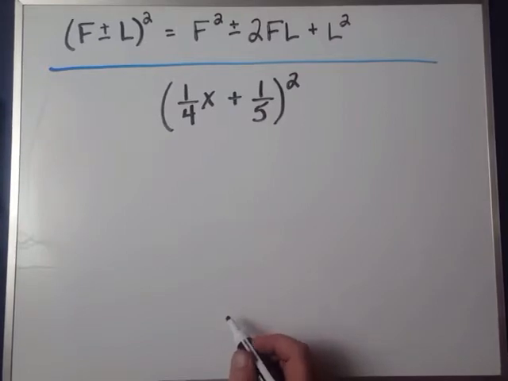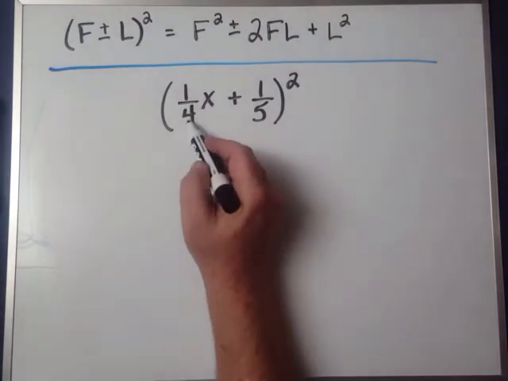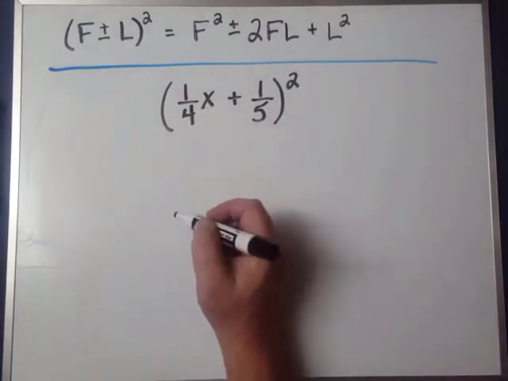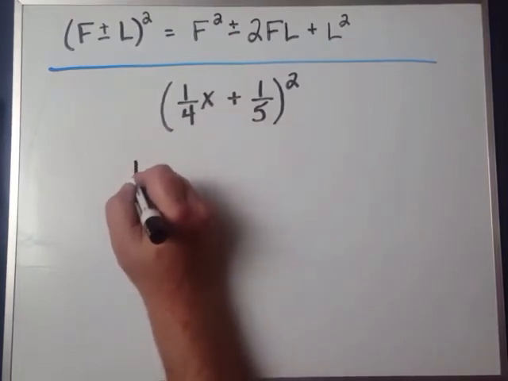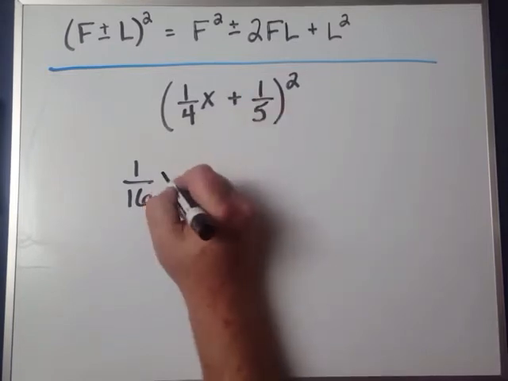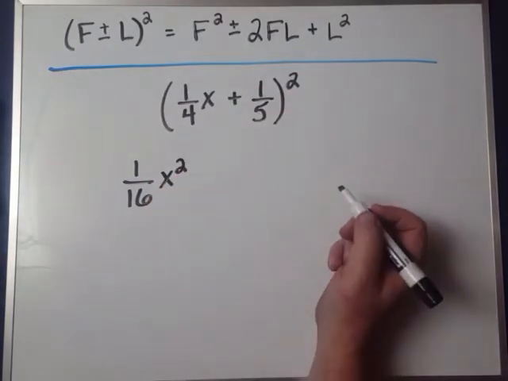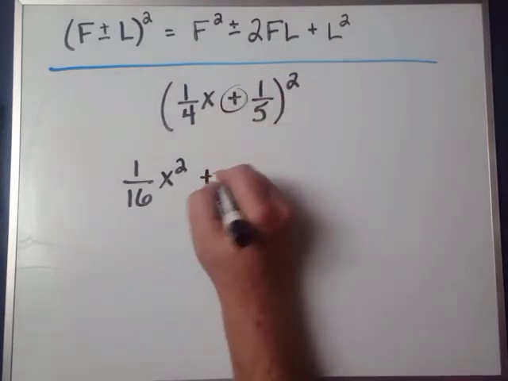My answer will be the first squared, 1/4 x squared. You square 1/4. Square the top, square the bottom. 1 squared is 1. 4 squared is 16. And you square the x. x squared is, well, x squared. And in this case, plus.